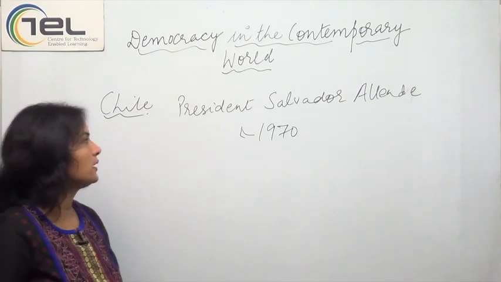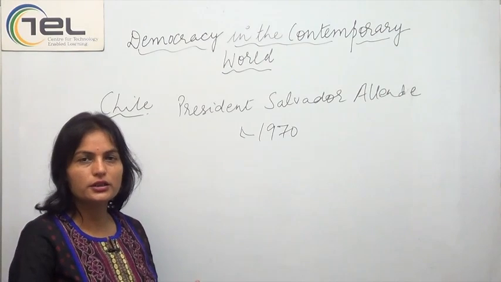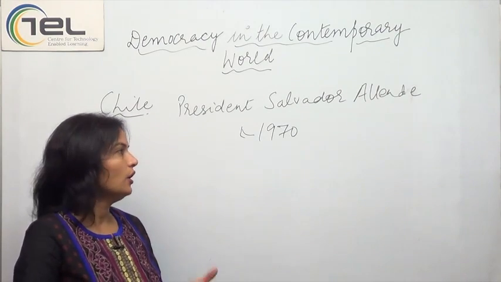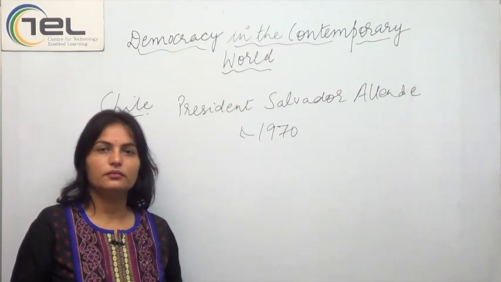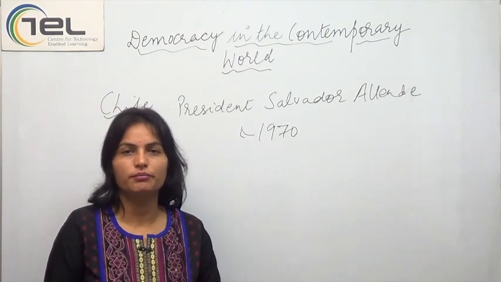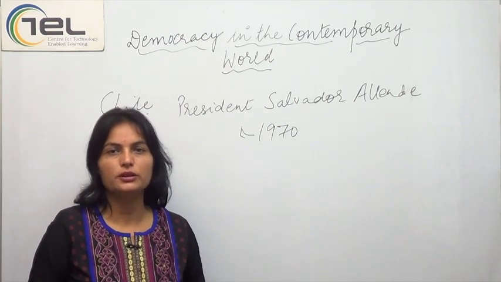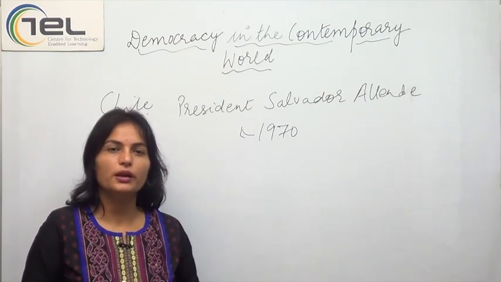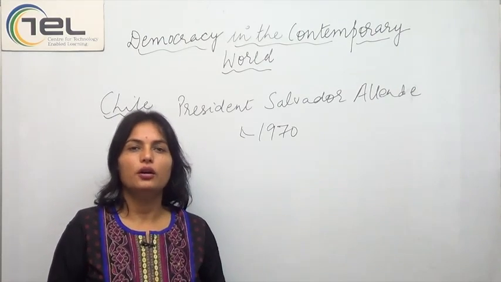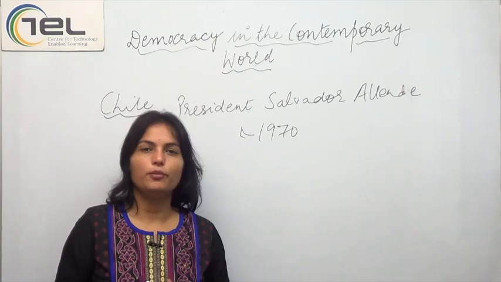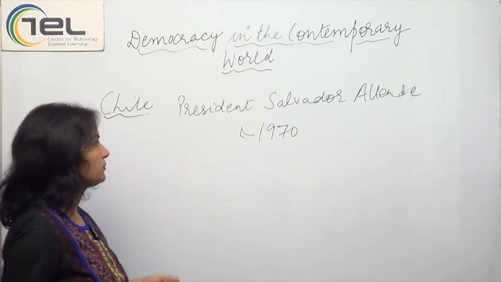This President Allende was a kind of president who worked for the welfare of the people. He did so many works in the field of education and health, mainly for the welfare of the people, so that people's welfare could be promoted. He announced so many policies which gave people many rights.